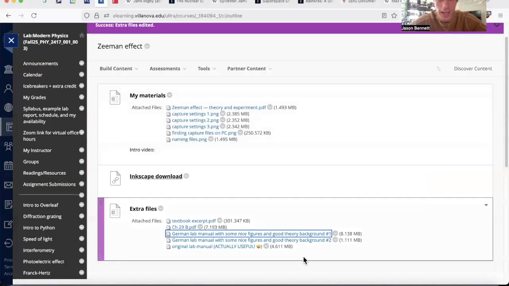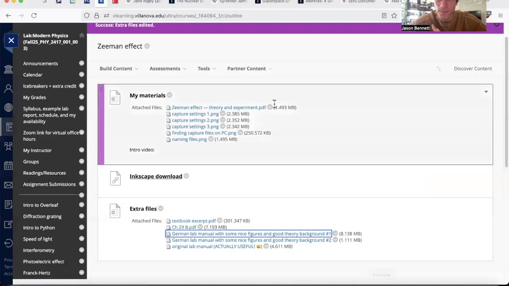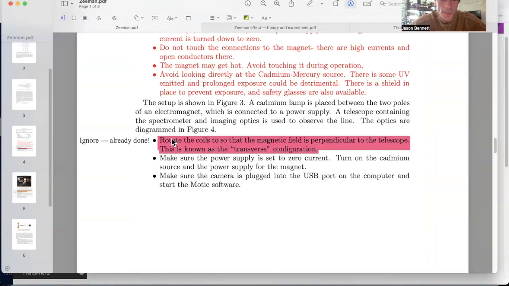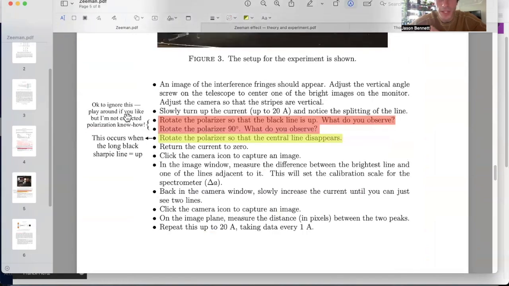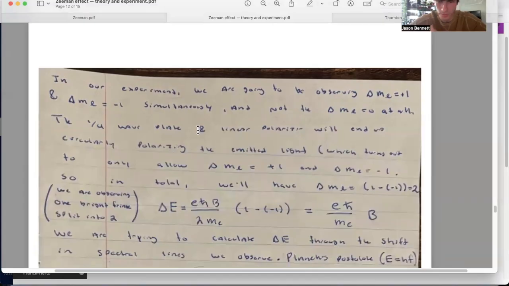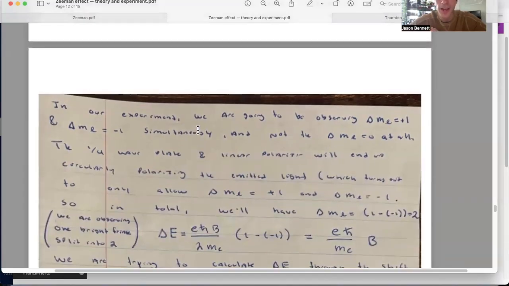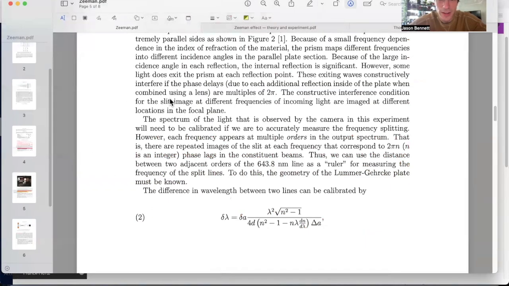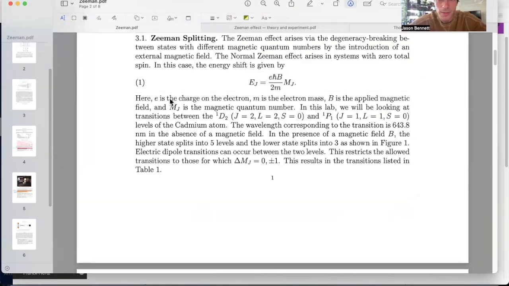Both of these lab manuals, 1 and 2, describe that very well, but it's quite complicated. I think I put it here in the lab manual as well. I'm not expecting you to do a full polarization analysis for this lab. I think that's a little bit much. So just take that for what it is. We are looking at simultaneously the circular polarization because of a quarter wave plate and a linear polarizer.